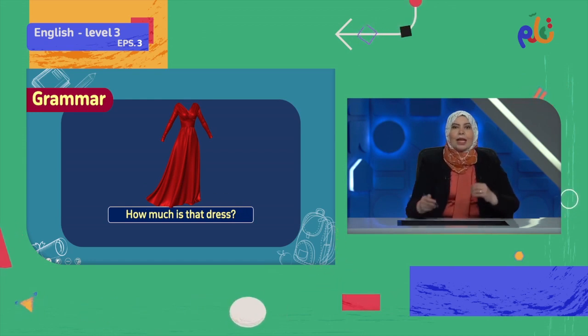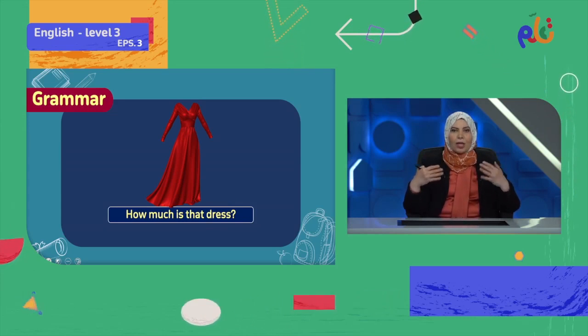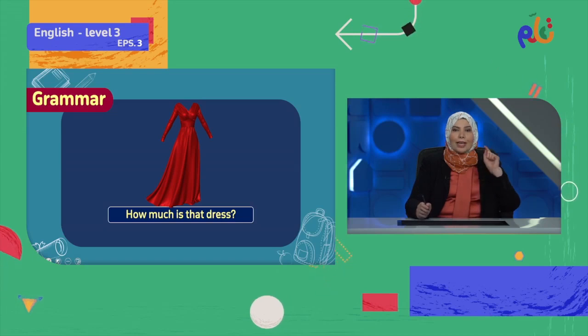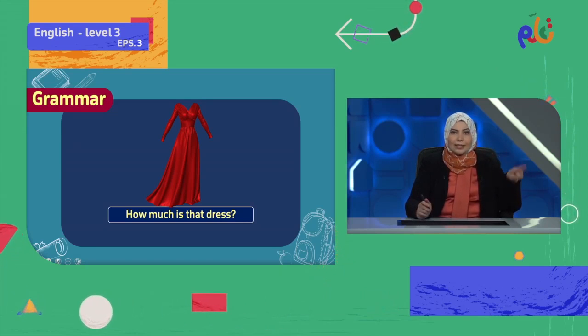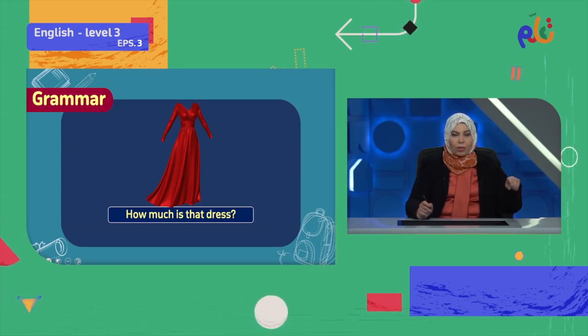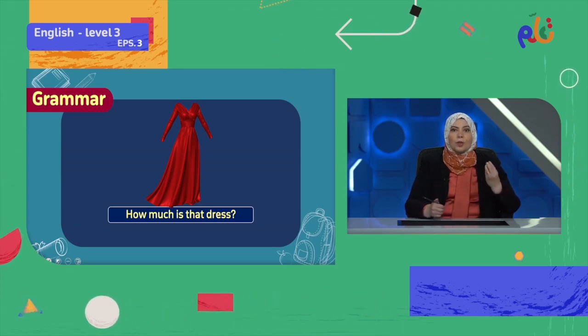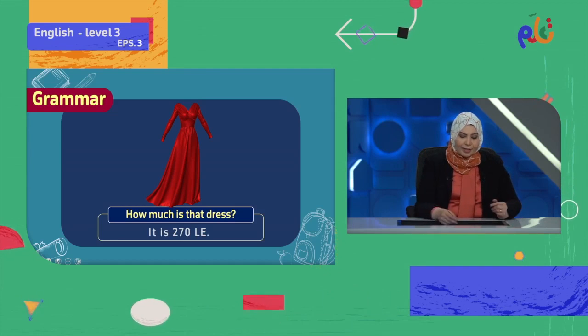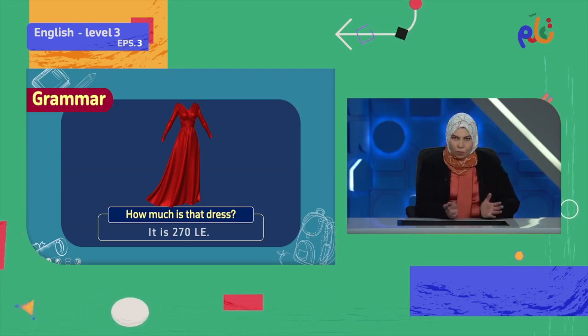The word dress here we can edit and add as many details as we want. How much is that red silk dress? So I can add the details to be more specific. And the answer is, it's 270 pounds.